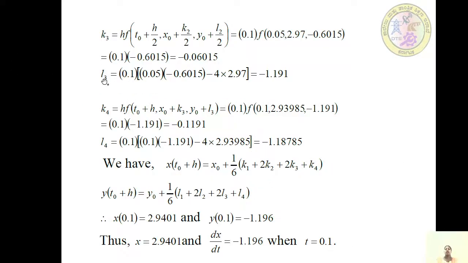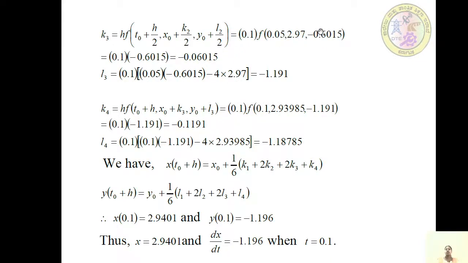So K3. Similarly K3 we can find: h f of t naught plus h by 2, x naught plus k2 by 2, y naught plus l2 by 2, equals 0.1 f of, on simplifying these values we get 0.05, comma, 2.97, comma, minus 0.6015, equals 0.1.